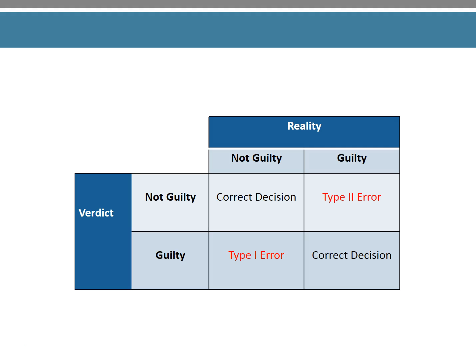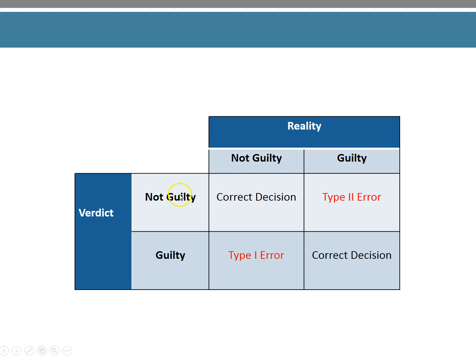So if we look at our matrix we were looking at earlier, but think of it in terms of the criminal justice system, we have the reality of the situation, which is a person is not guilty or guilty, and we have our verdict, which is not guilty or guilty. Our criminal justice system does not use the word innocent. When a person is not convicted, they're called not guilty. It doesn't necessarily mean that they were innocent. It means there wasn't enough evidence to say that they were guilty.